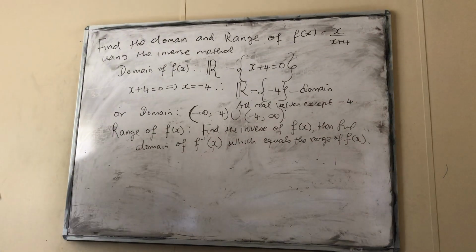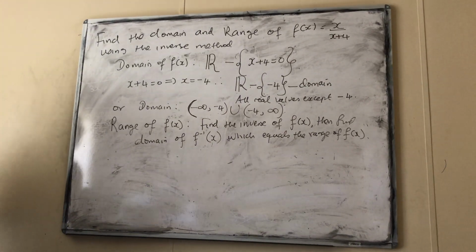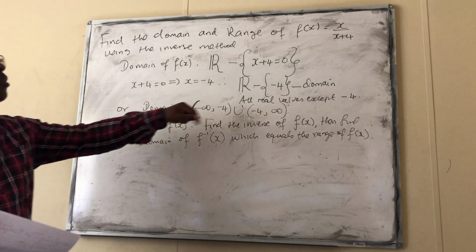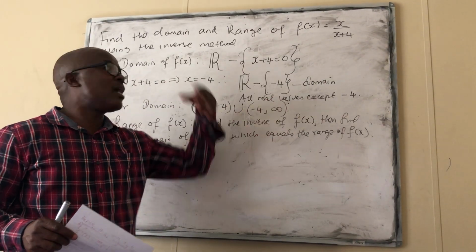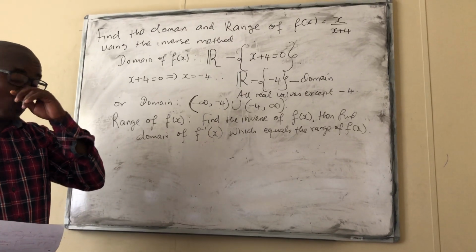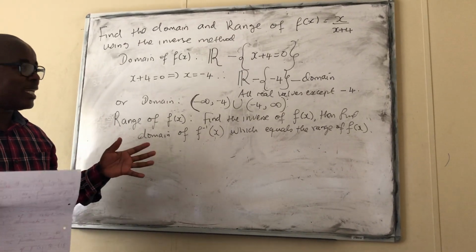We know how to find the domain. The domain is easy to find, but with the range, we are referring to output, which means you have to substitute each and every number into the function to get an output. That is when you have an idea of what the range is.